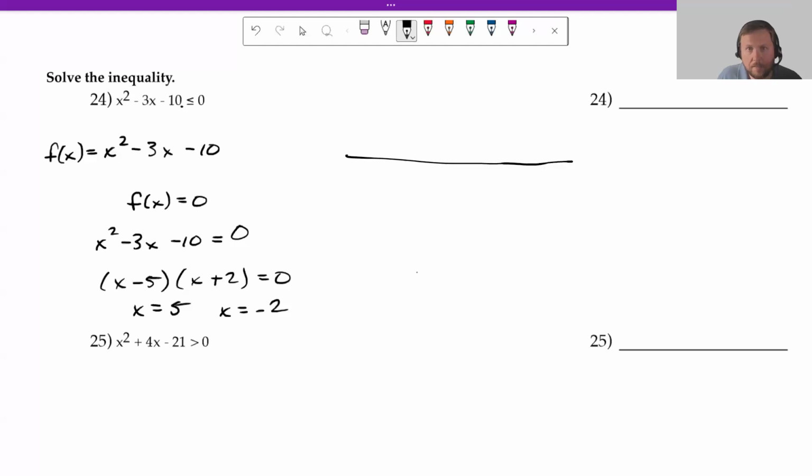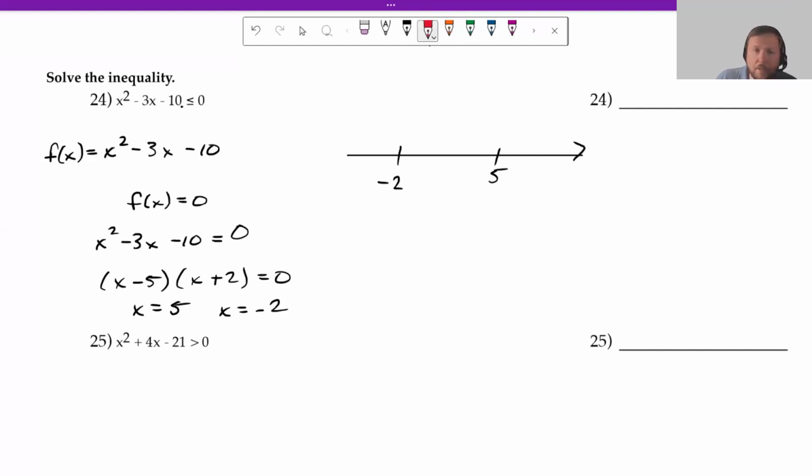Then I make a number line, and I mark off -2 and I mark off 5. And I just need to do one test value. I use 0 a lot, but it doesn't have to be 0.